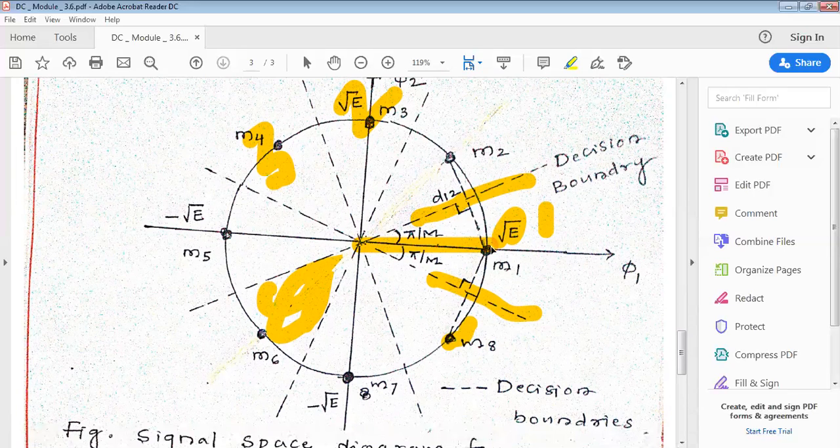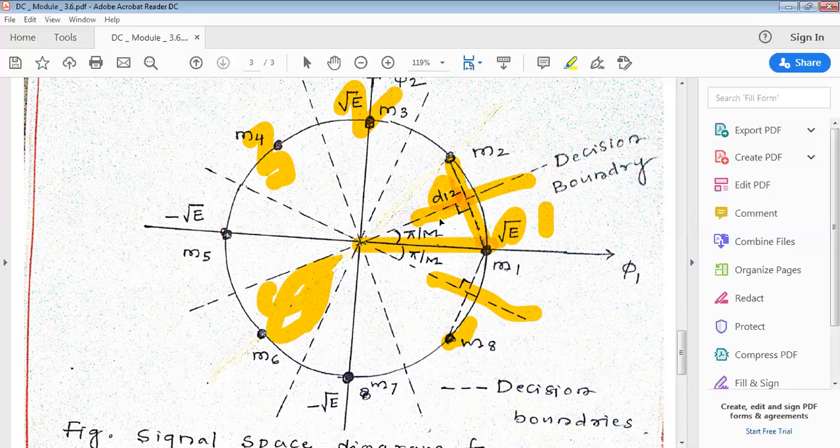And how to calculate this Euclidean distance? Let me join these two points by a dotted line. This is the distance between the two message points M1 and M2, which is denoted by D12, right? I will divide this distance by half, so you will get this midpoint.